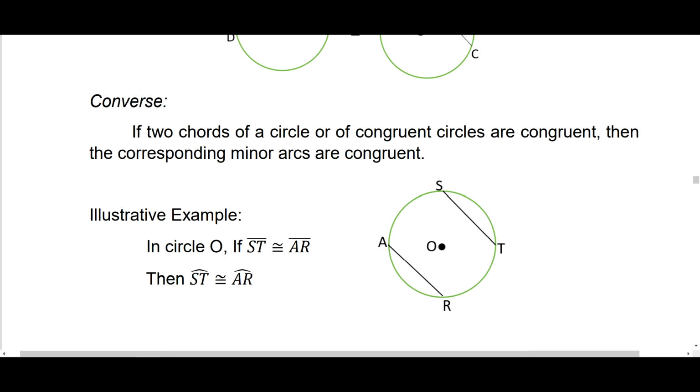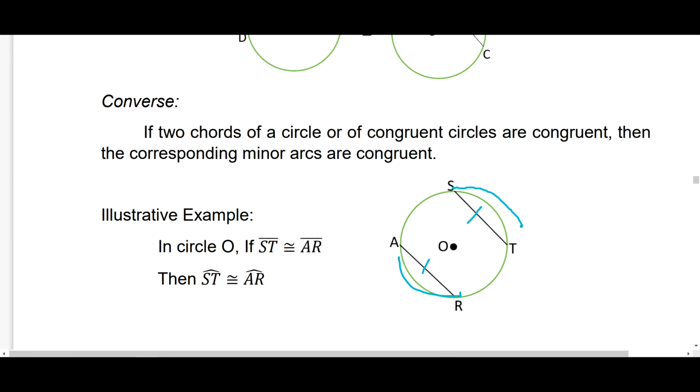So, ganun lang din yung converse. If two chords of a circle are congruent, then yung kanilang arcs ay congruent din. So, yun yung nauna kong sinabi. Kung ito ay congruent dito, ibig sabihin yung arc na in-intercept nila ay congruent din, or corresponding arc, not necessarily intercepted. Yung kanilang corresponding minor arc.